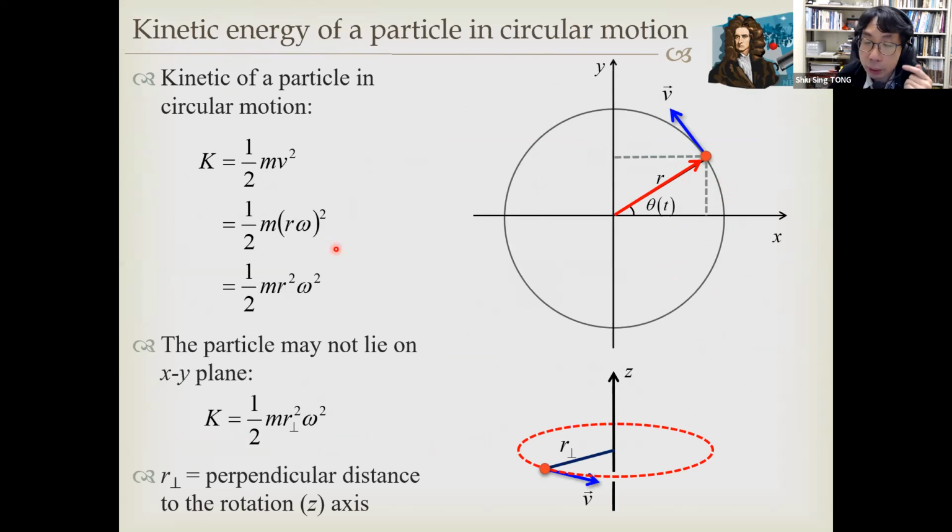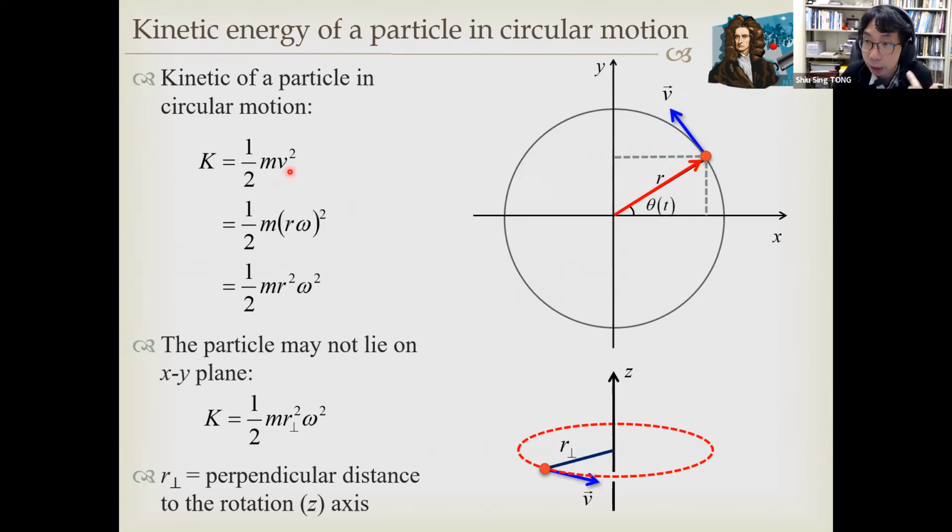Now we also would like to write the kinetic energy of this particle, which is under circular motion. The kinetic energy is of course half m v squared. But as we say, in discussing rotation, it may be more advantageous to use angular quantities to describe motion.